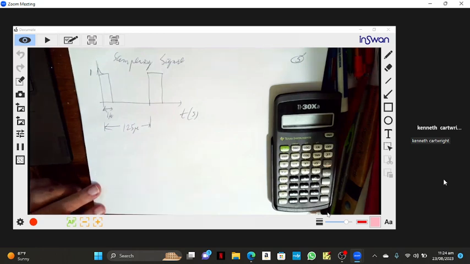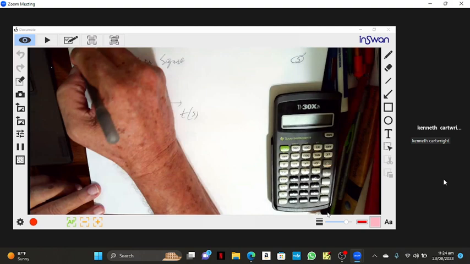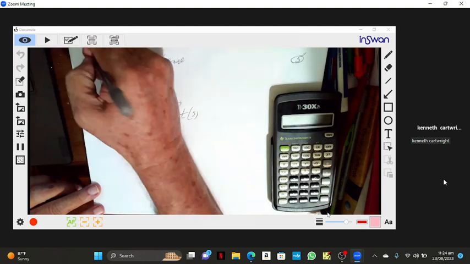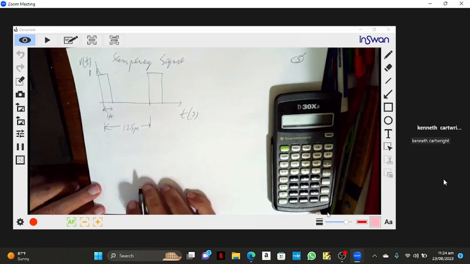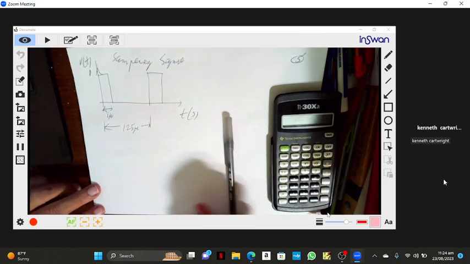And how do we find the average value of a periodic waveform?